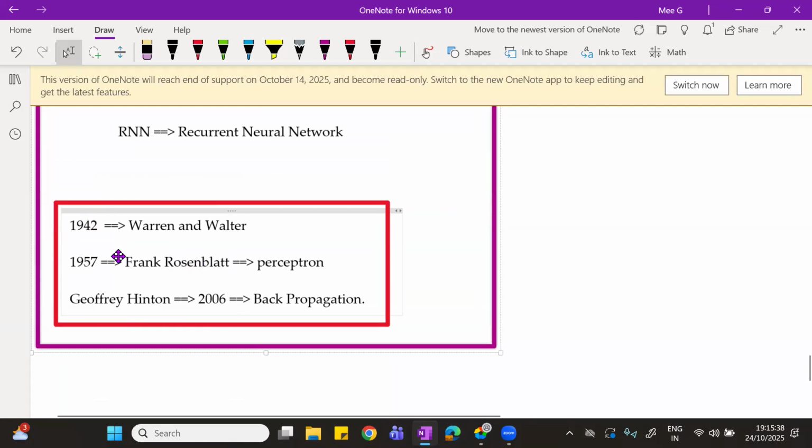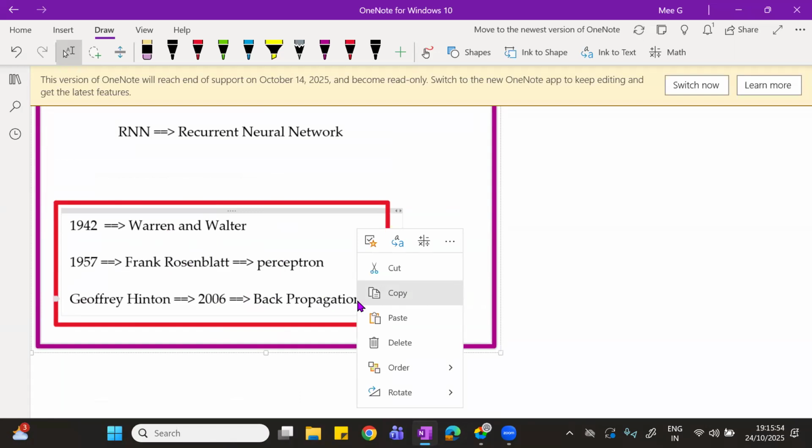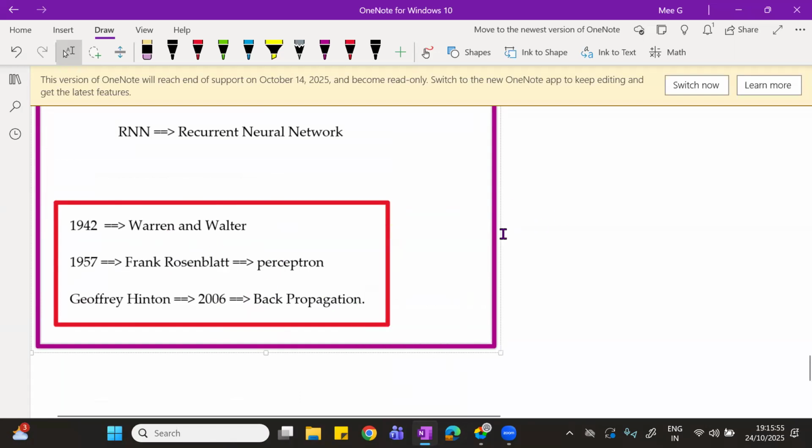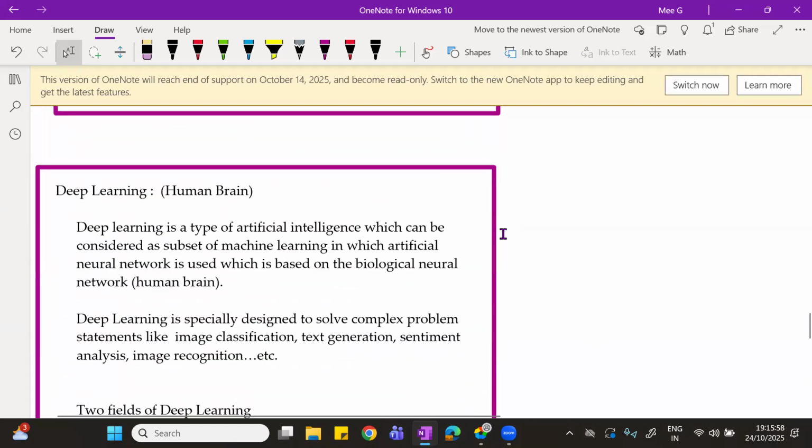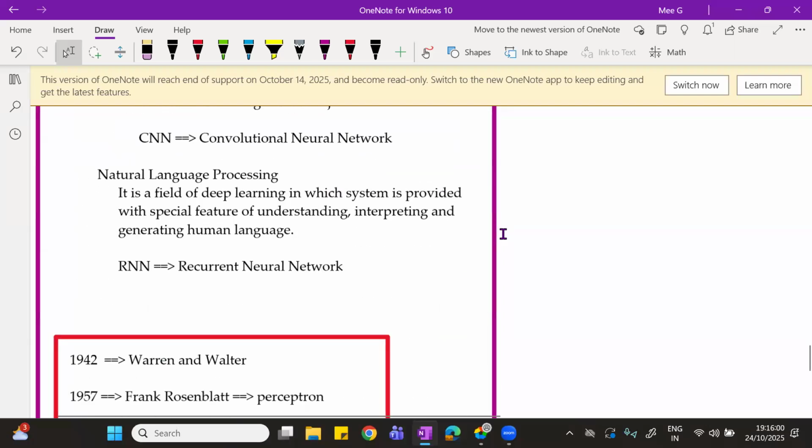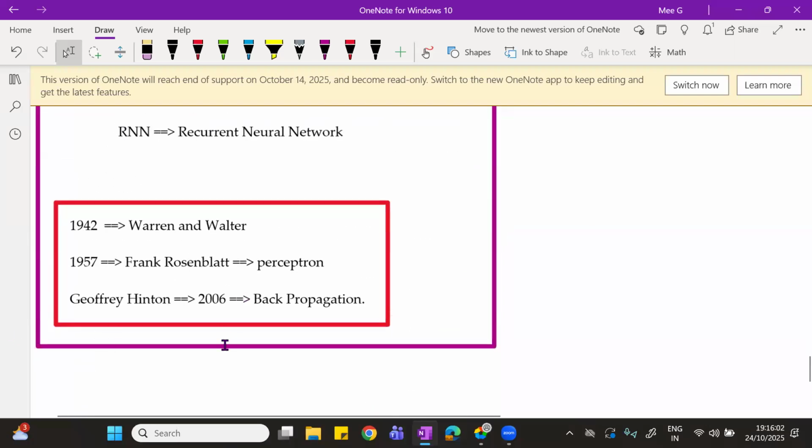Over this time, they were continuously performing research on the deep learning concept, and at last they got the solution in 2006, that is backpropagation. Now, this is the way it will be. This is quickly about your deep learning.